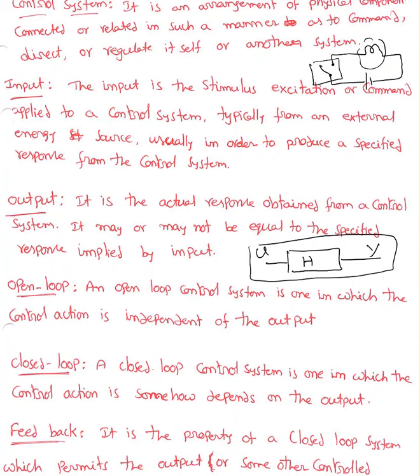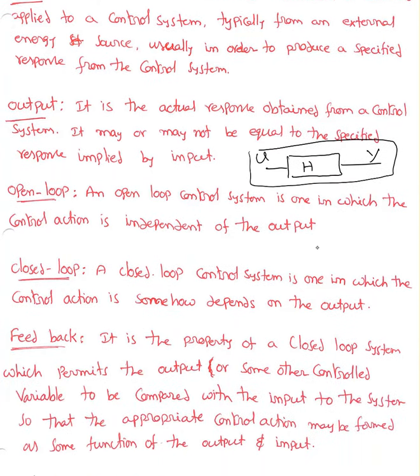When it comes to the closed loop system, here is a simple one. So that system I'm representing with H, output Y, U. Now here I'm going to get feedback. So basically my input is going to come from here. That's my feedback. I'm taking part of the output.